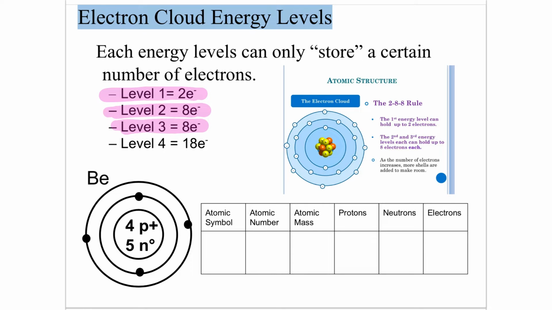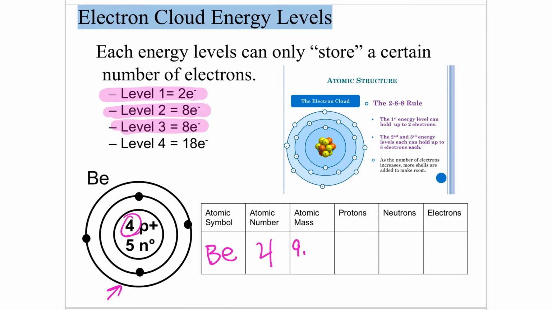So in this example, our atomic symbol is beryllium. Its atomic number is 4 because if you recall, the number of protons is the same as the atomic number. When it gets to atomic mass, remember the atomic mass is the number of neutrons plus protons.